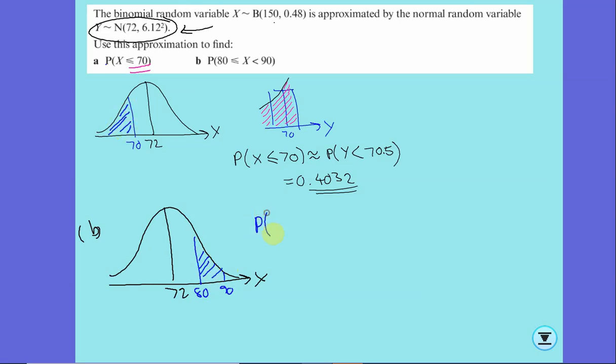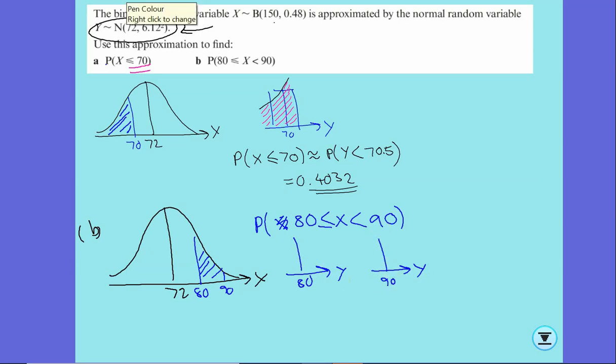Okay, so probability x, oh, that's wrong. 80 is less than or equal to x, so more than or equal to x and less than 90. Okay, so 2 limits, so 2 sketches. One at 80, one at 90, single line representing my discrete value. Imaginary box around it.